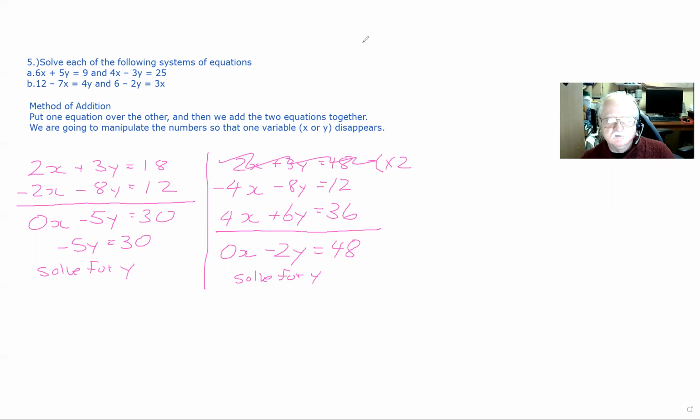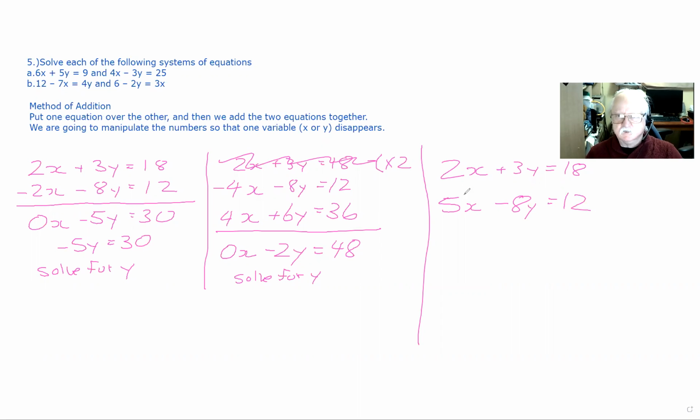Now, let's find another situation where we have to manipulate both equations. Let's say we had 2x plus 3y equals 18, and 5x take away 8y equals 12.